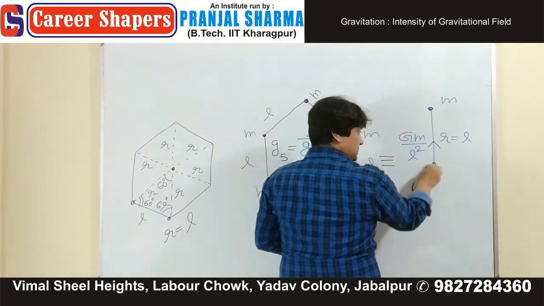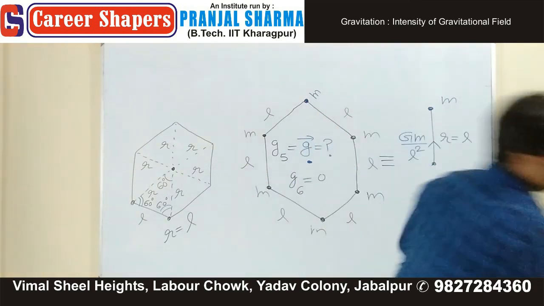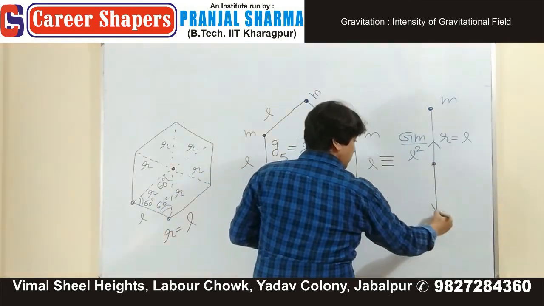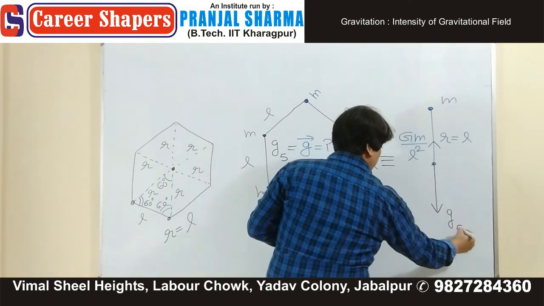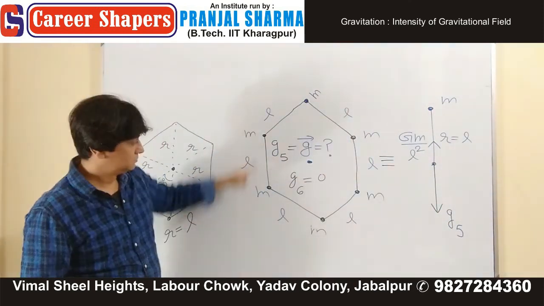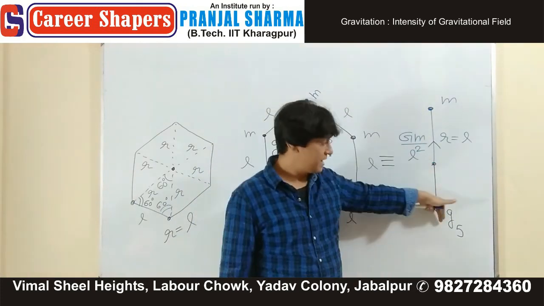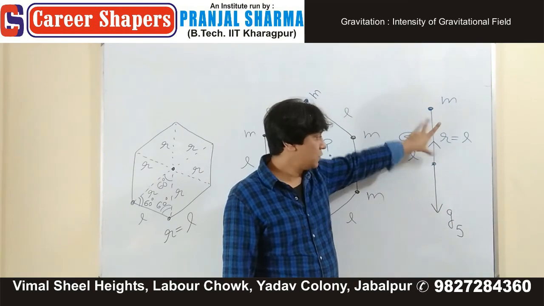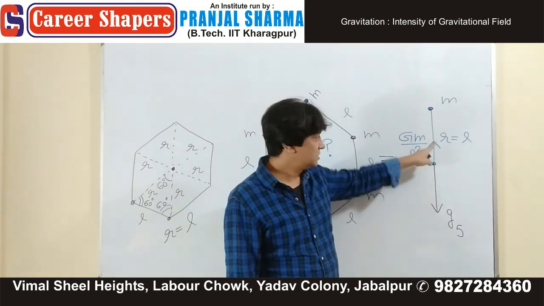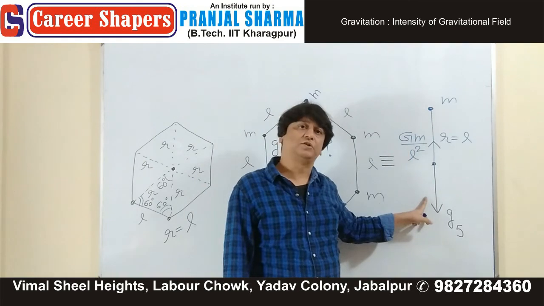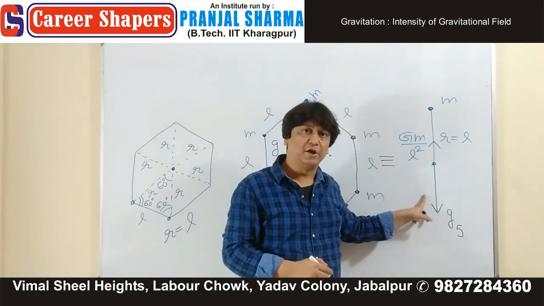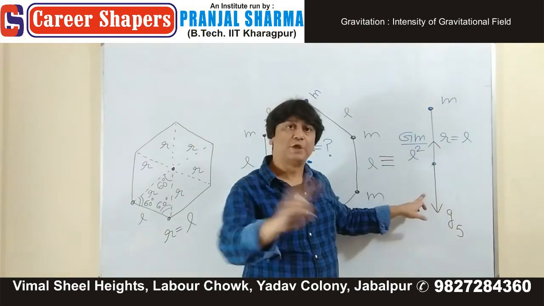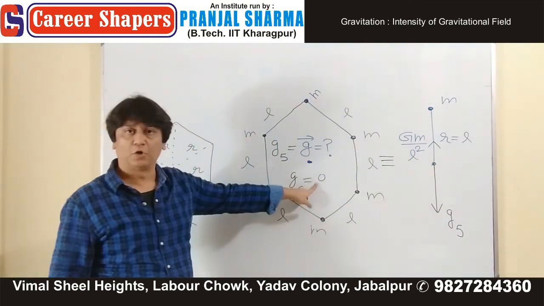If you say it is completely cancelled, then it is possible only if you have gravitational field due to all 5 in this direction. In this direction. And this arrow, this gravitational field vector and this gravitational field vector, they should be of equal magnitude. क्यों? तभी जाकर ये दोनों एक दूसरे को कैंसिल करेंगे, and total field will become 0.